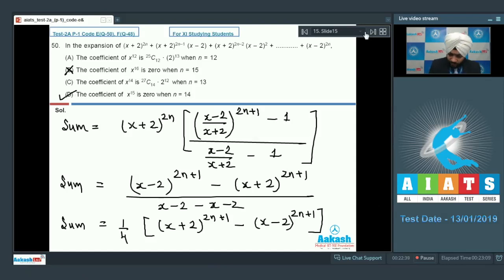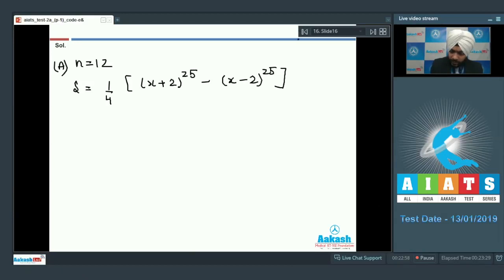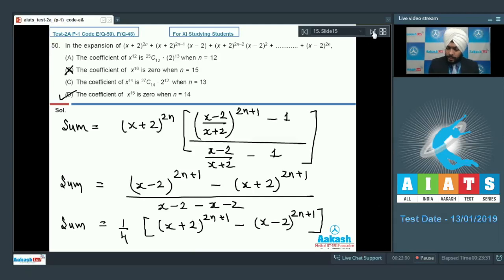So let us put n equal to 12 for option number A. So the sum will be, let us say it is S, (x+2) raised to the power 25 minus (x-2) raised to the power 25. Now I need the coefficient of x power 12 from this.